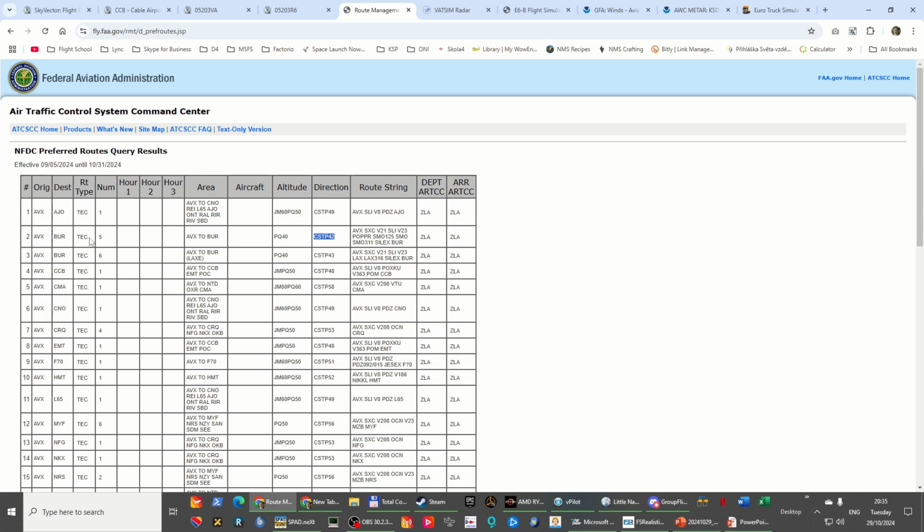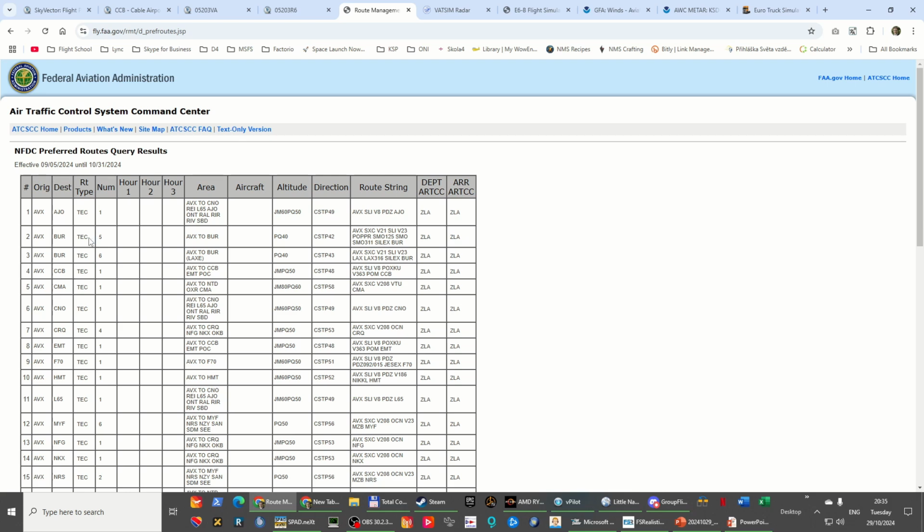The TEC stands for Tower En Route Control. It's a little bit misleading because you don't speak to towers, you speak to TRACONs, basically approach and departure controllers. And you don't go to the central controller at all when you are flying this in real life.